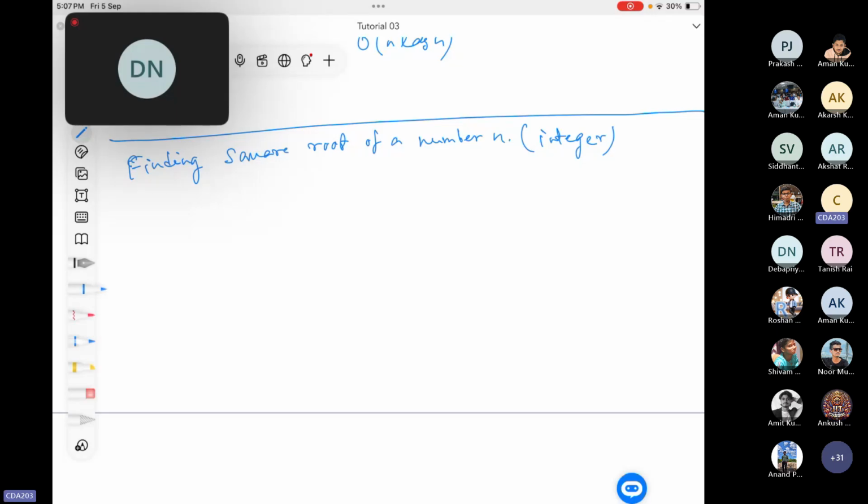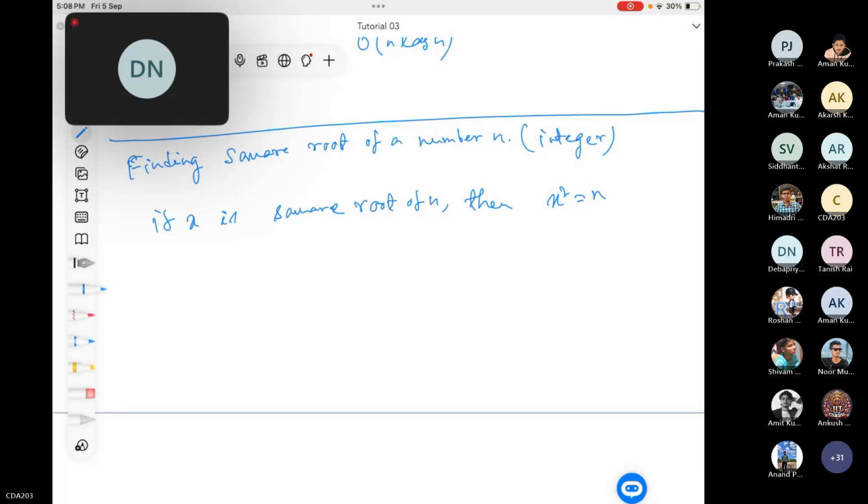Okay. So you know that if x is the square root of n, then you have this formula that x square equal to n.